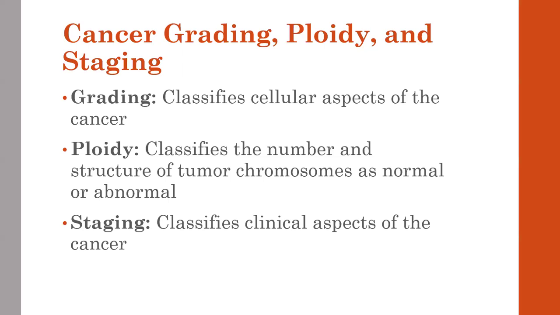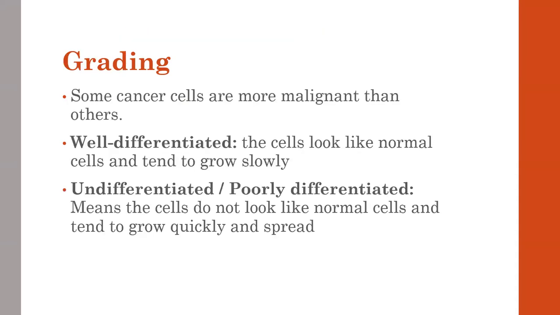We're looking at how tightly it's bound to the basement membrane. Is it adhering to the contact inhibition rules? Staging looks at the clinical aspects of the cancer. And ploidy is looking at the structure and number of chromosomes to see how the chromosomes are looking.